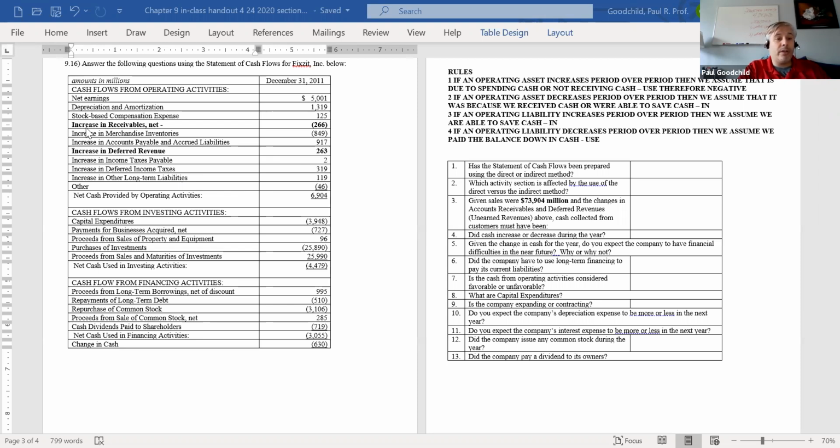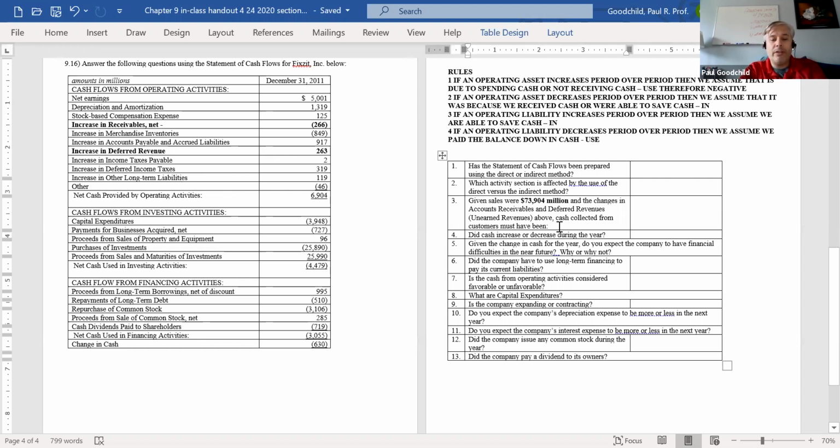Now it's important that when we look at the changes year over year, we understand how they affect it. So this one relates to the first one, and the increase in deferred revenue relates to the third one. So the way this works is we take the 73,904 as starting with our cash.